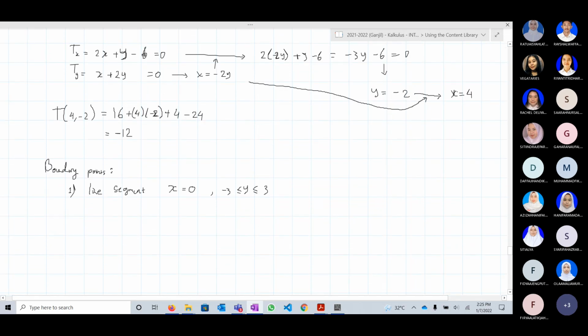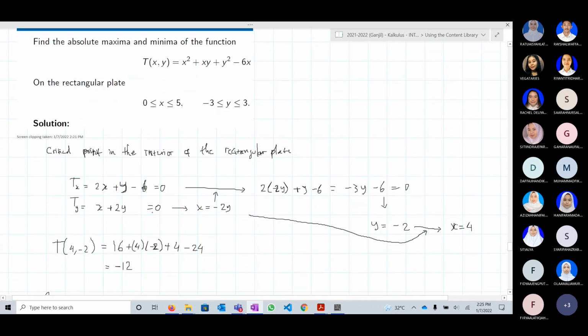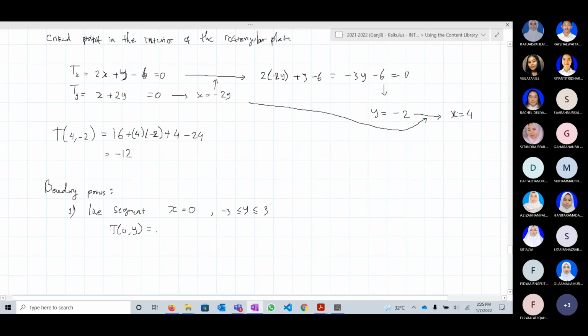In this case we have that T(0, y) is equal to y squared, meaning that Ty here is equal to 2y, and this is only equal to 0 if y is equal to 0.